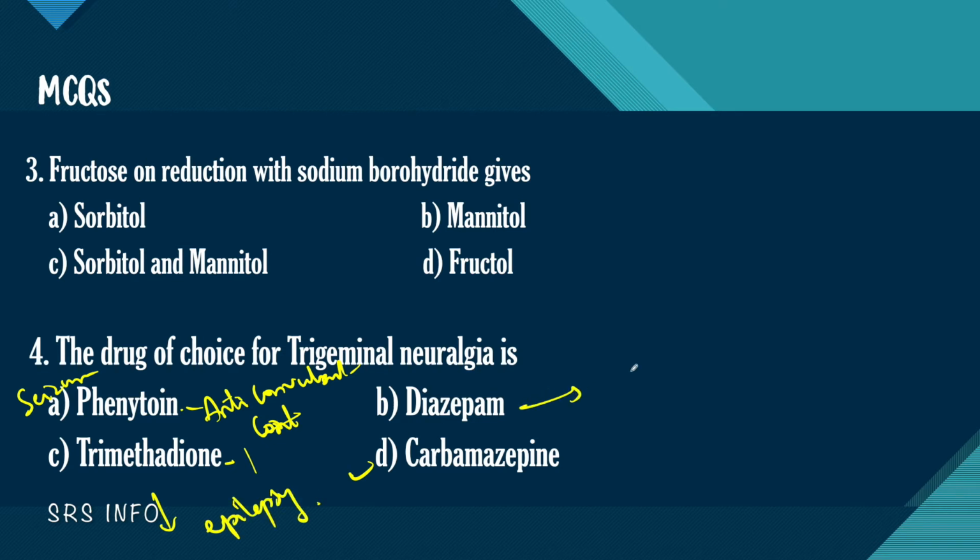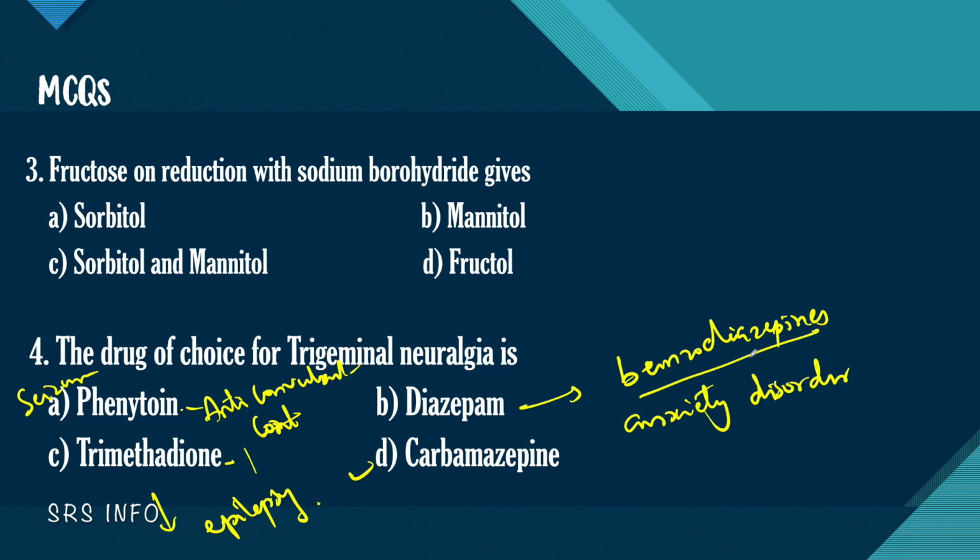And what about diazepam? It comes under the category of benzodiazepines, and it produces a calming effect, and it is used to treat anxiety, and it is also used to treat the withdrawal symptoms of alcohol and muscle spasm. So diazepam has a number of uses, and it comes under the category of benzodiazepine.